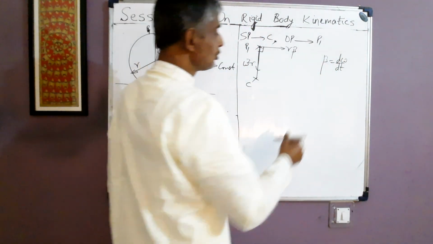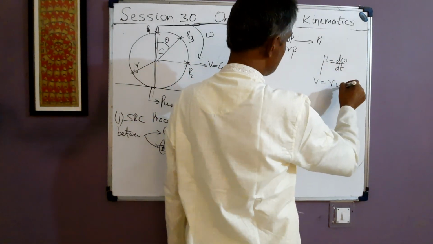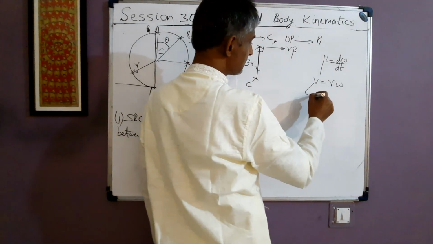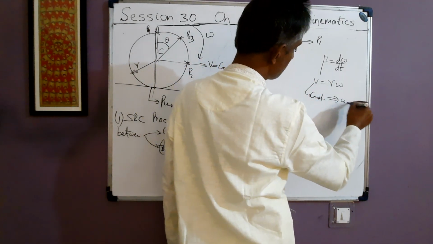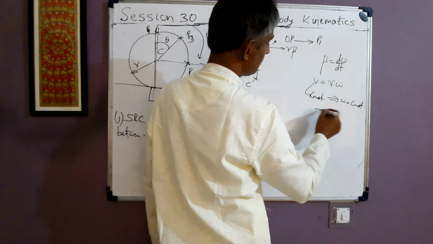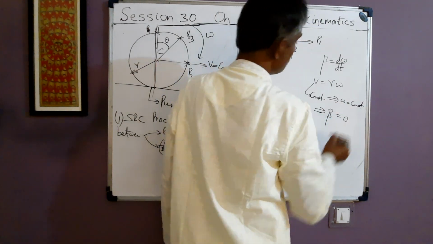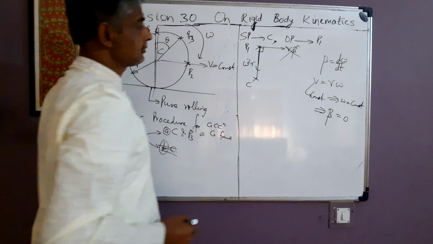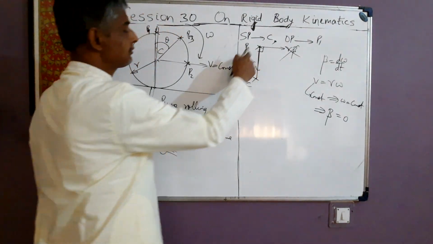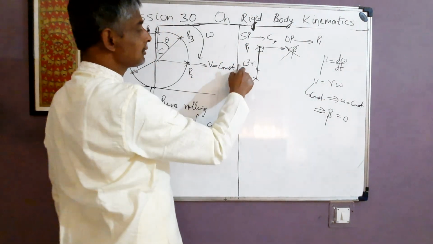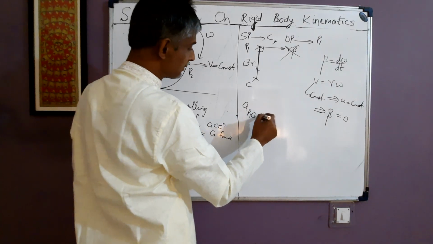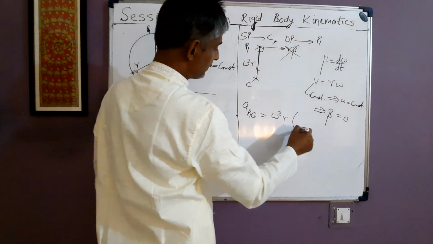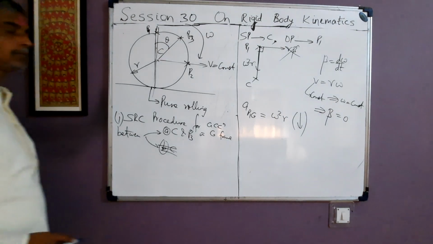From the pure rolling criterion, v is equal to R omega. But v is given to be constant and the radius is constant, so omega is also constant. This implies beta becomes 0, so this term drops out. So the acceleration of P1 with respect to ground is omega square R in the downward direction.